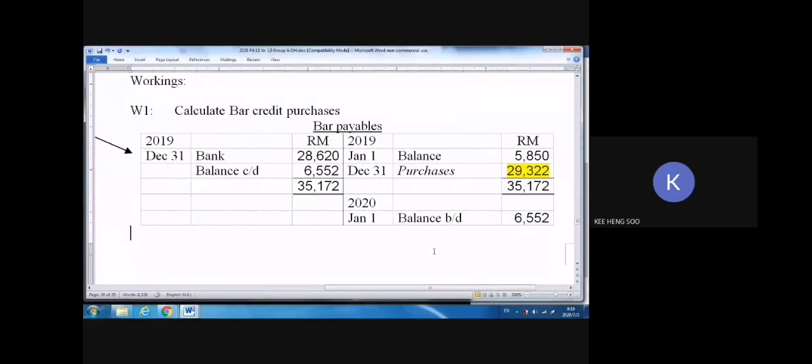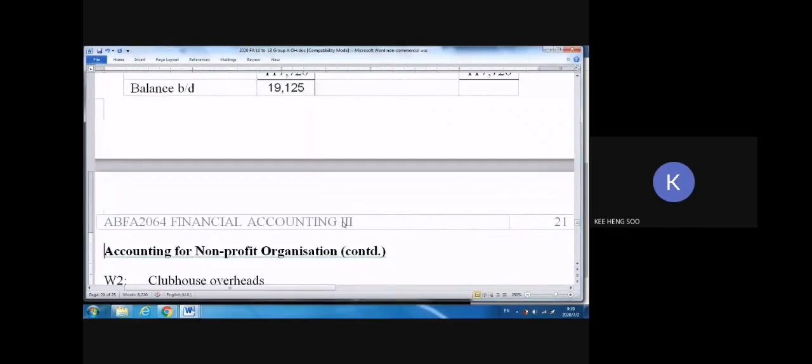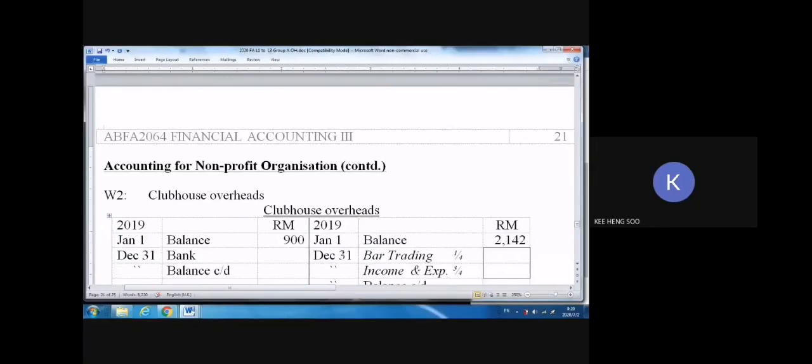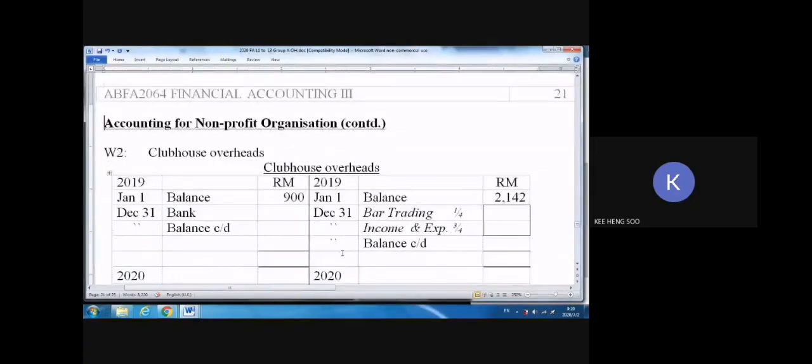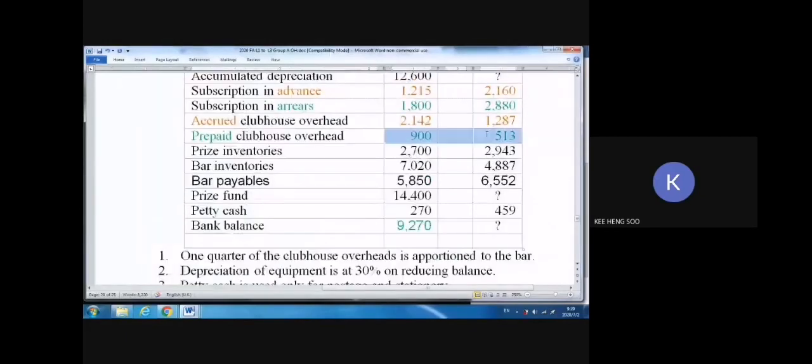Okay, next. The clubhouse. Just now you see, you cannot understand the clubhouse. The clubhouse overhead is here. Again, you see you got opening and closing balance. Do you see that? According to the question, 900 and 513 is green color.